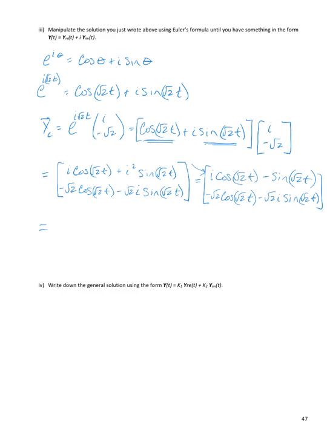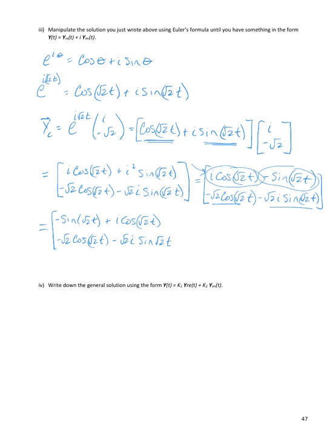Here, I'm going to put this term first and this term second so that it has real part, then imaginary part. So I'm going to have negative sine root 2t plus i cosine root 2t. And then the second entry, I don't have to change the order. It's already real and then imaginary. Negative root 2 cosine root 2t minus root 2i sine root 2t.